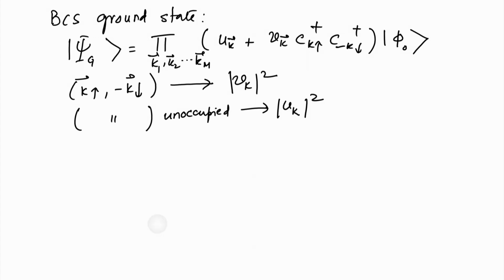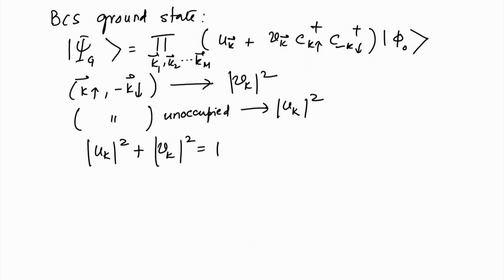And of course, the normalization says that u k square plus v k square should be equal to 1, which means that the probability that a k up and minus k down would be either occupied or unoccupied, the total probability, is equal to 1.